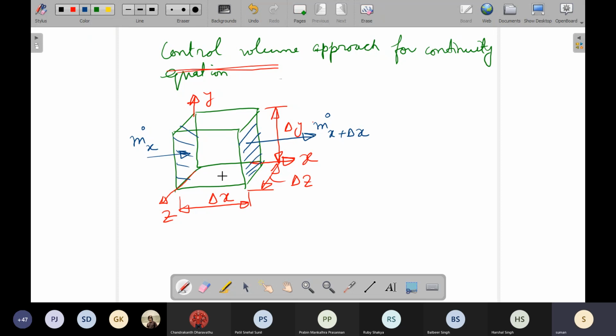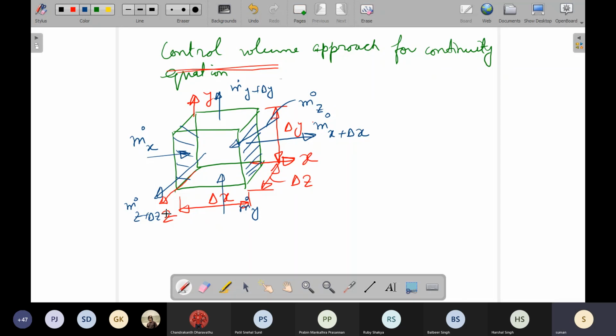Similar things, you can imagine, for y, with mass flow rate m dot y and m dot y plus delta y. Along z also you have, say, through the back face and maybe through the front face.